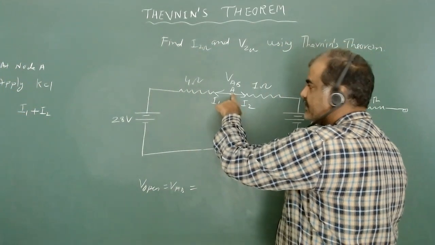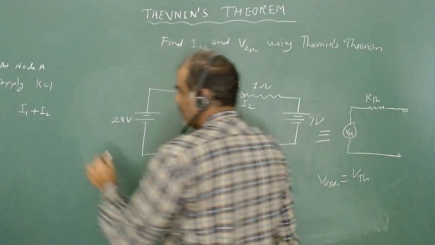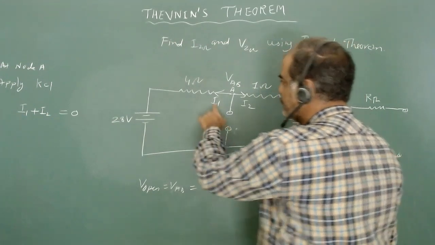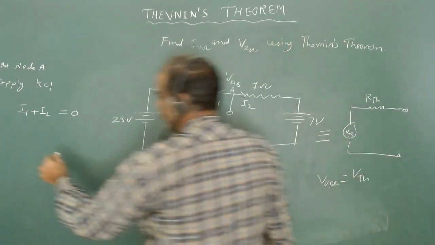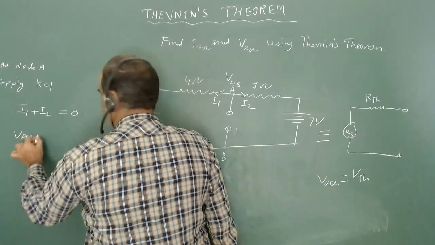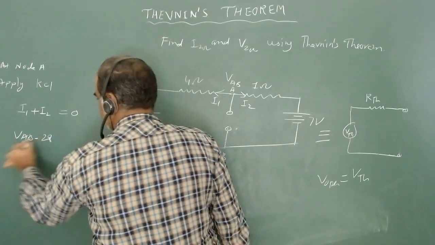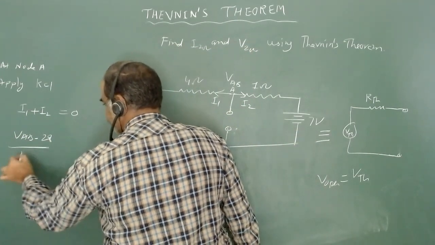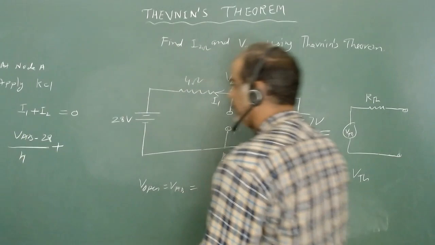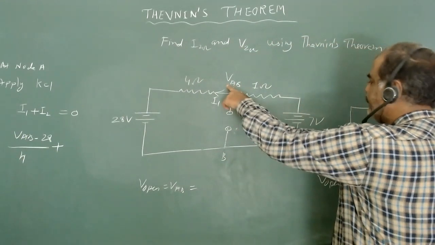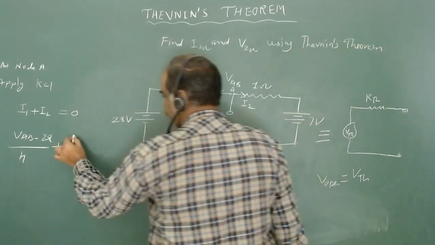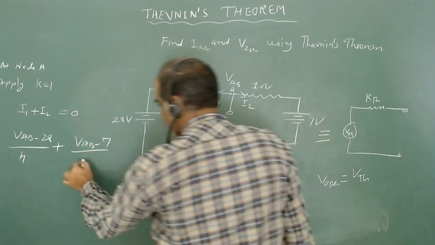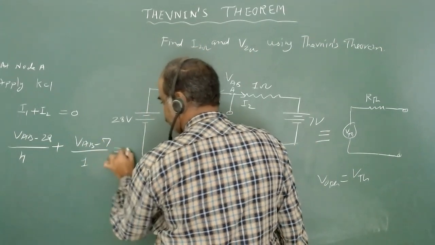The sum of all the currents at a node should be 0. So I1 plus I2 should be equal to 0. Now, what is I1? I1 is VAB minus 28 volts divided by 4 ohm, by Ohm's law. Similarly, I2 is VAB minus 7 divided by 1. This should be equal to 0.